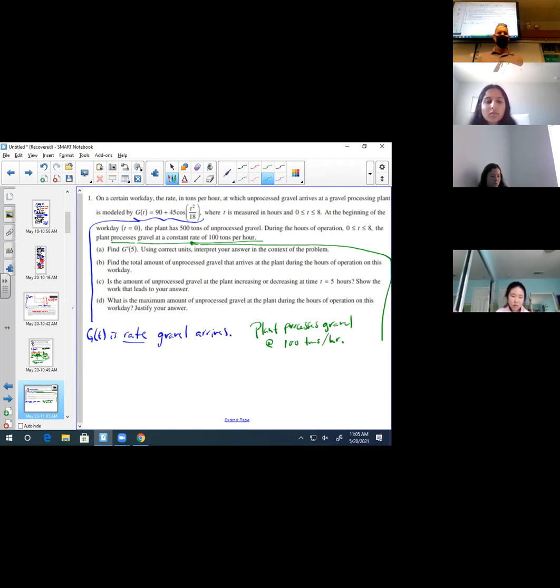Okay, so gravel's coming in throughout the day at a rate given by G of T, which is some function. They have the machines where they're processing the gravel and getting it out of there at 100 tons per hour.